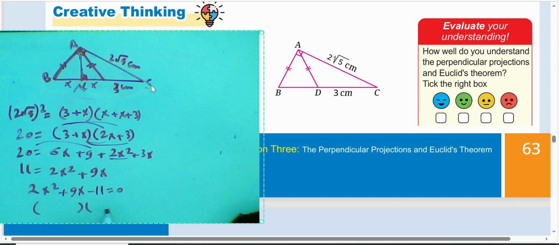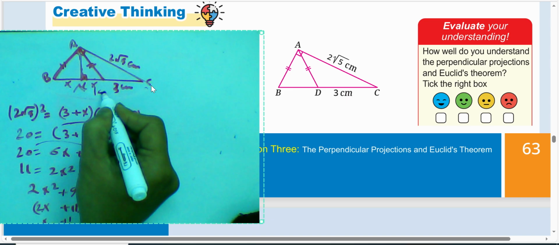We can factorize. x times 2x equals 2x power 2, and 11, 1 times 11. We can take here 1 and 11. 1 times 2 is 2. 11 minus 2 is 9. Right here positive and negative. Then x will be 1, and x equals negative 11 over 2. Then x will be 1 centimeter.